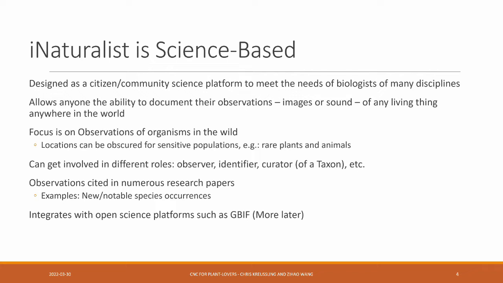So everybody can take pictures of organisms and upload it to the platform. And some of us can help with the expertise. We can help to identify those pictures into species level. And we focus on things in the wild. So we try not to look at plants and animals that's kept by human beings.